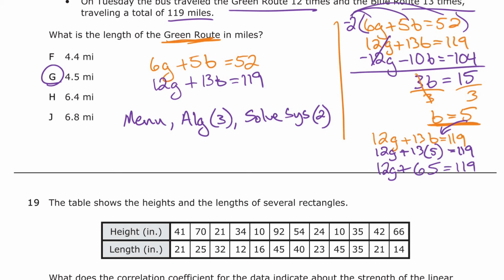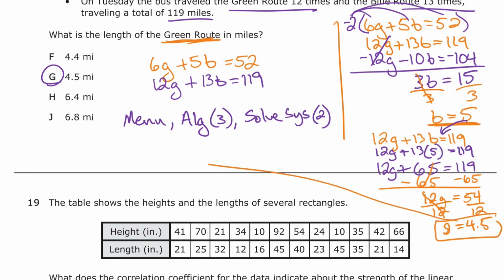Then we need to do the inverse operation, the opposite, minus 65. 12G is equal to 54, divided by 12, divided by 12. G is equal to 4.5, which is where we got G.